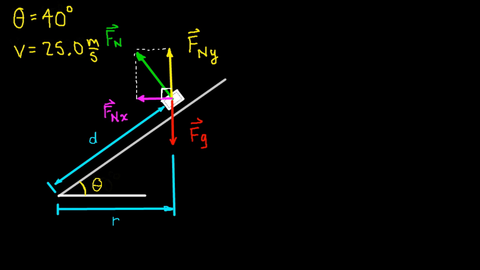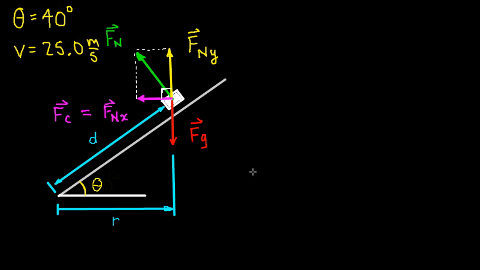What we understand in this problem now is that the net force is just the centripetal force. This car is traveling in a circular path without the assistance of friction, meaning no friction is holding it from sliding up the ramp or down the ramp. So all we have is that net force, that centripetal force, that is causing the car to travel in its circular path. So in fact, we can deduce from that Fnx is equivalent to the centripetal force.